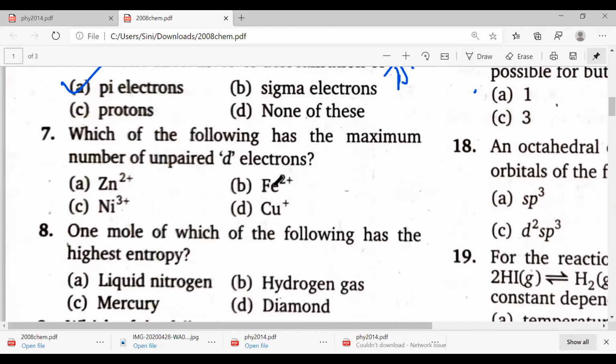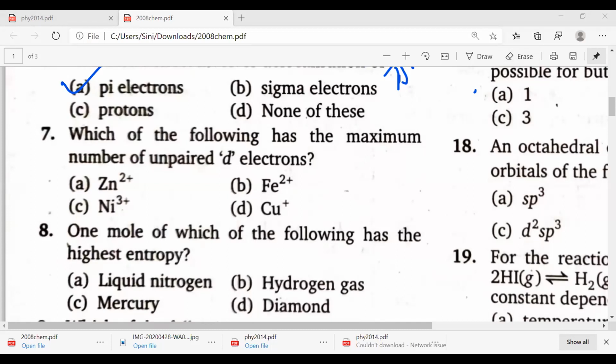Seventh one. Which of the following has the maximum number of unpaired d electrons? JVB, you are correct. How many of you don't know how to do this?